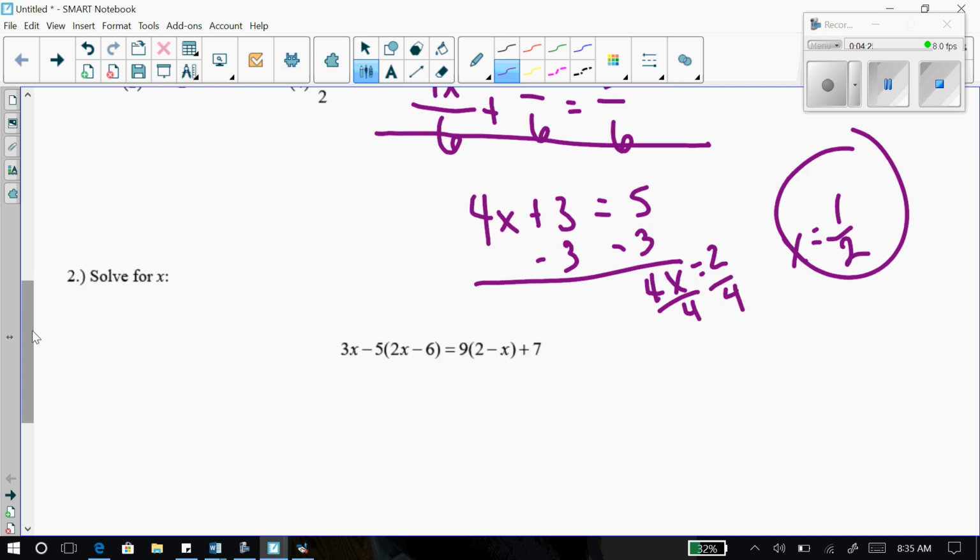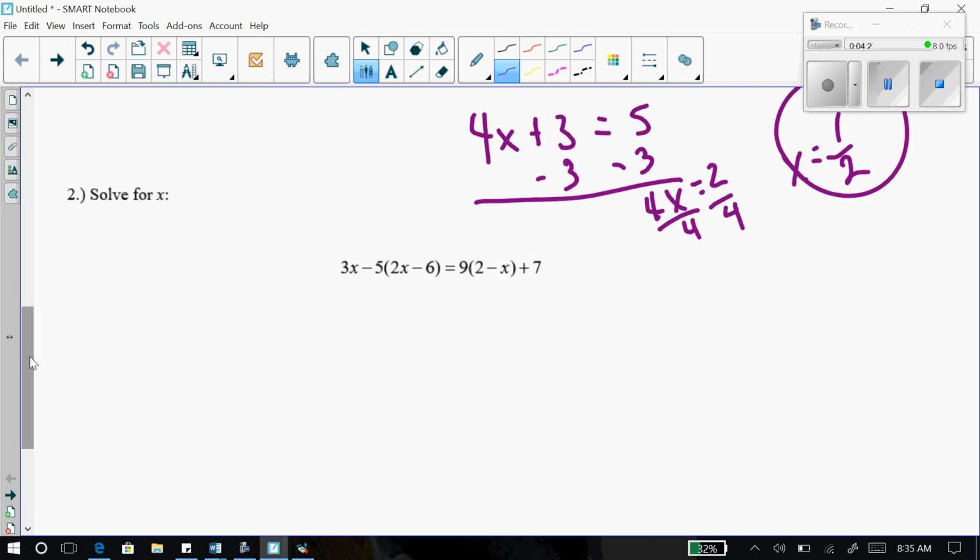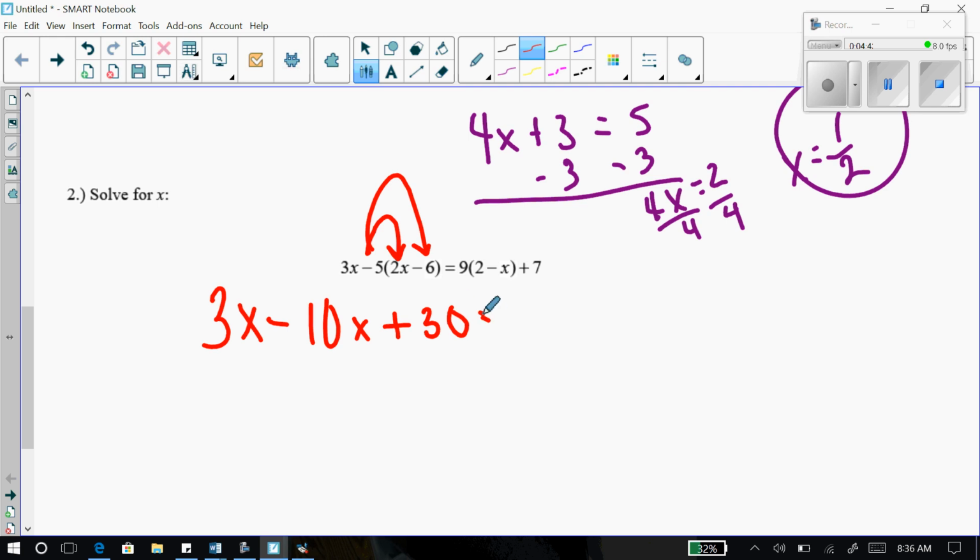All right, in our next one, it says solve for x. So we're going to go ahead and go through and distribute everything we can. So we have a 3x, negative 5 times 2x is a negative 10x, negative 5 times a negative 6, positive 30, equals 9 times 2, which is 18. 9 times negative x is a negative 9x, plus 7.